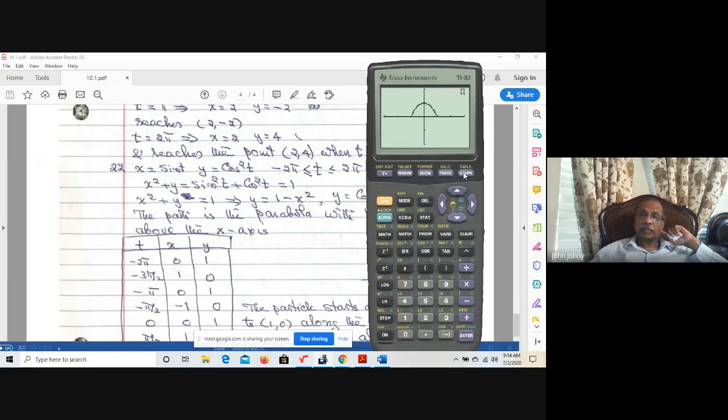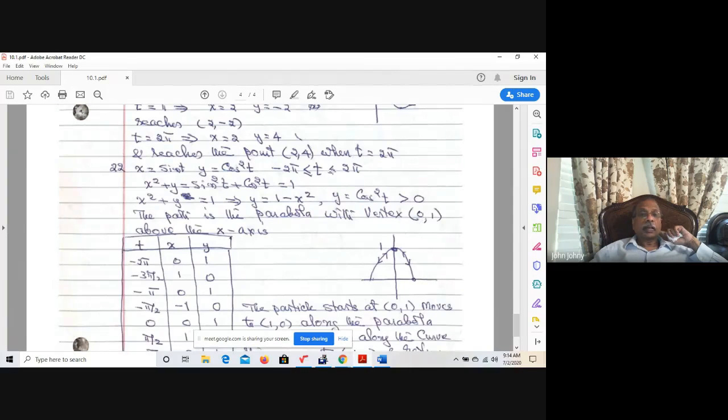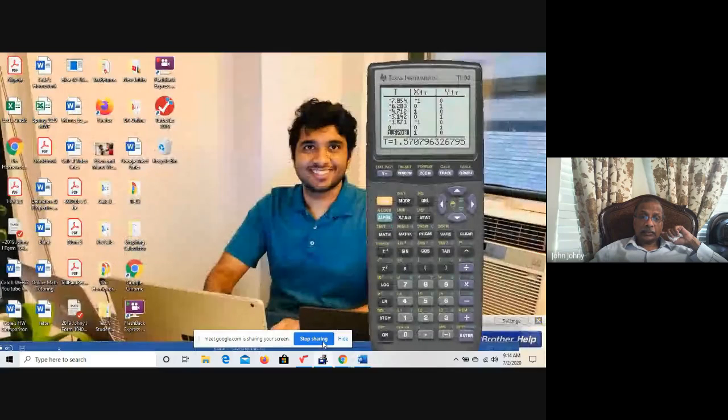Okay, you have the values there. So it starts from 0, 1, and then go back to 1, 0, etc. So this is the table there. So it starts from 0, 1, and then 1, 0, negative 1, 0, and so on. So that is how you graph it, and that is the end of 10.1.